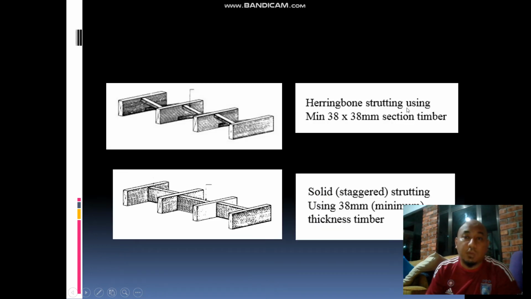Okay, so herringbone strutting uses a minimum 38 by 38 mm section of timber, and another one is solid strutting using a minimum 38 mm thickness of timber. So they have two types. One is the herringbone, and then one is the solid. So you can identify how to install the herringbone or the solid staggered.